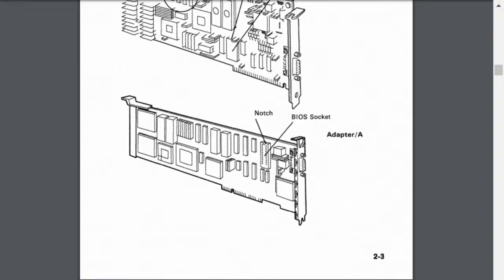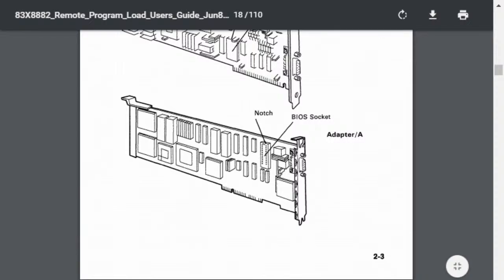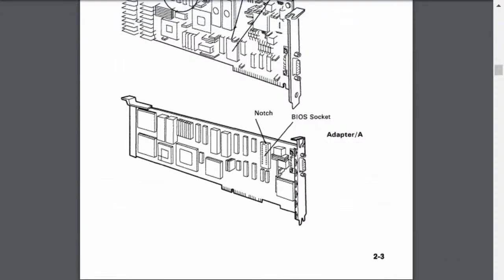Yeah, Major Tom didn't have this particular adapter, a picture, or any information on it.